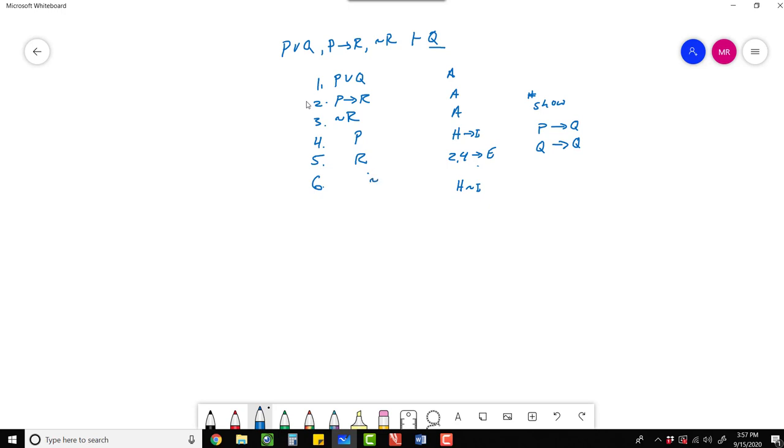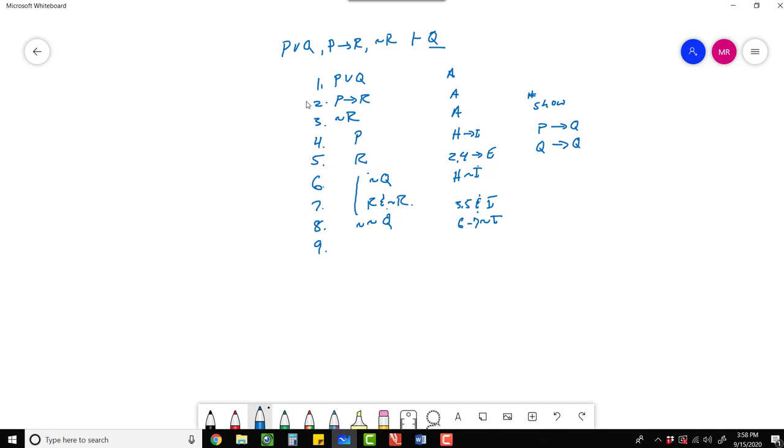I'm going to hypothesize not Q. Then I go ahead and assert my contradiction, R and not R. So 3, 5, conjunction introduction. That allows me to discharge my hypothesis, negating the hypothesis. Okay, so not Q. 6 through 7, negation introduction.